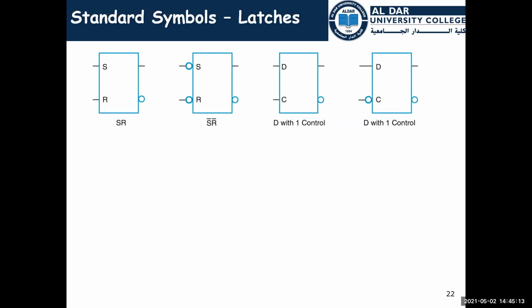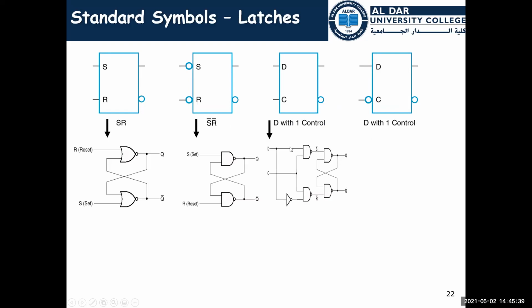There are standard types of symbols that are used for the latches. This is the symbol for the SR latch, another symbol for the converted SR latch, D with 1 control, and D with 0 control. This should be 0 control. This is the drawing of the SR latch.